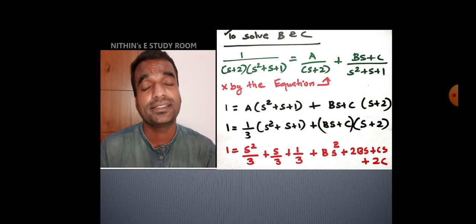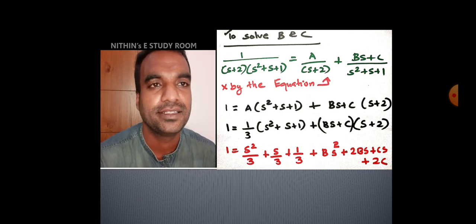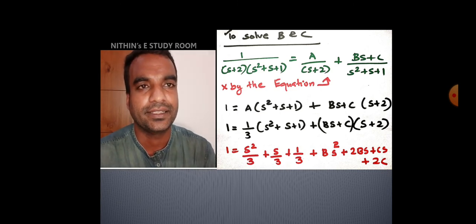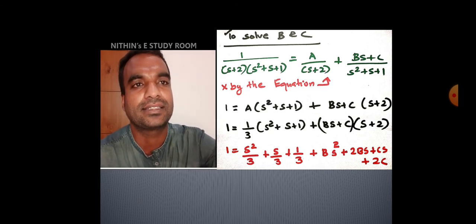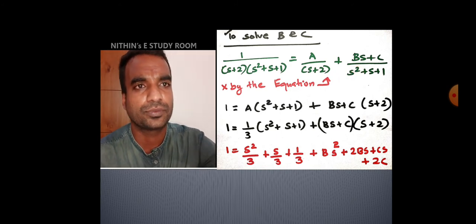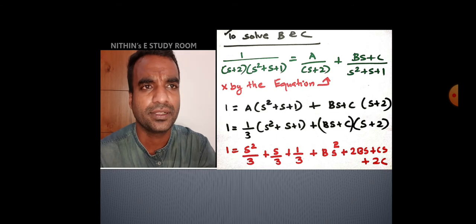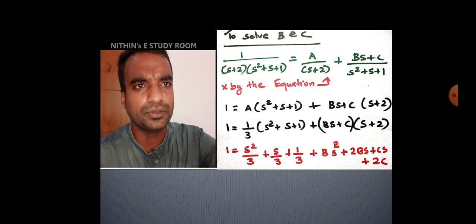To solve b and c, this is the task here. You have to write the RHS and LHS of the partial fraction equation and cross multiply. The denominator is the same on both sides.